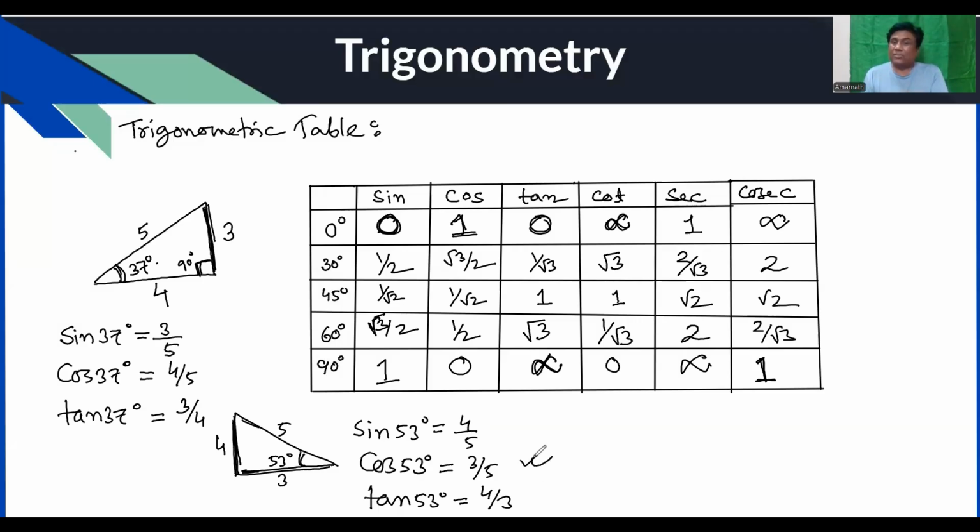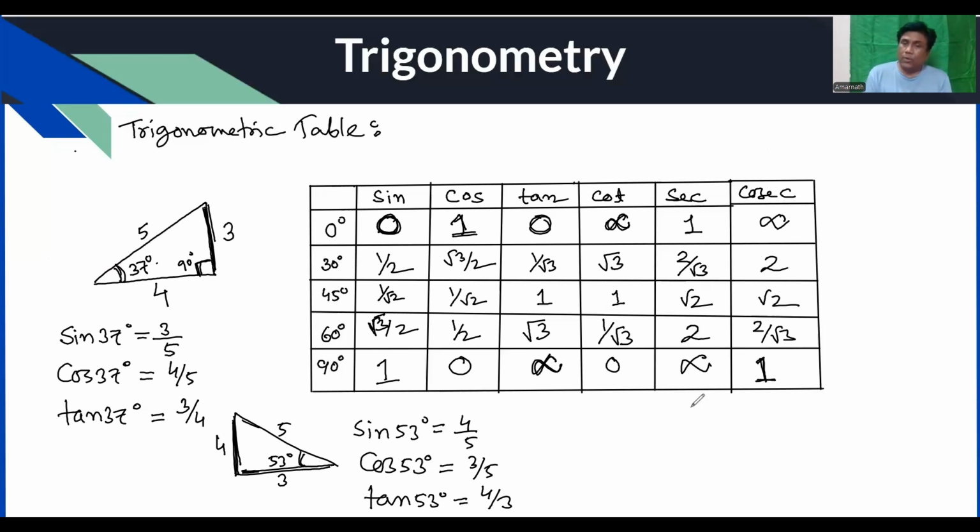And you can find sec 53 also, it will be 5 by 3. You can find cosec 53 also. So till now how many angles do you know? 1, 2, 3, 4, 5, 6, 7, including 37 and 53. So altogether you know 7 angles.